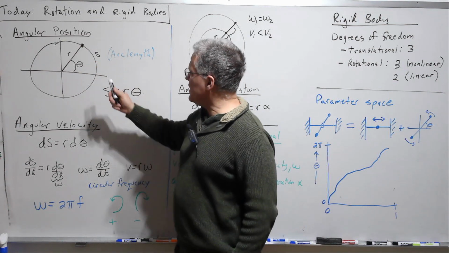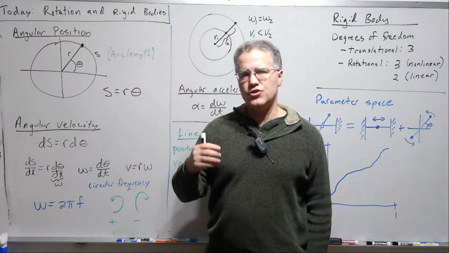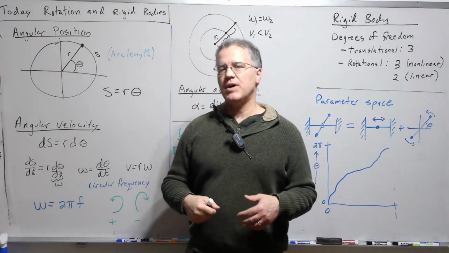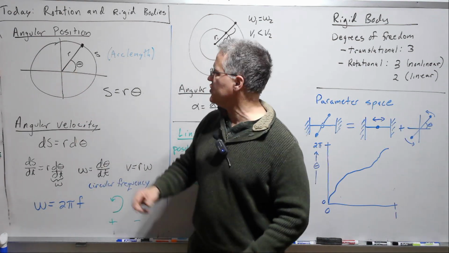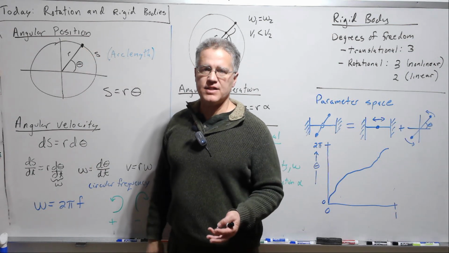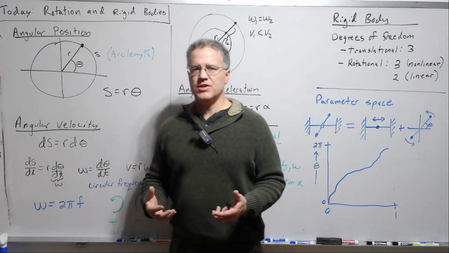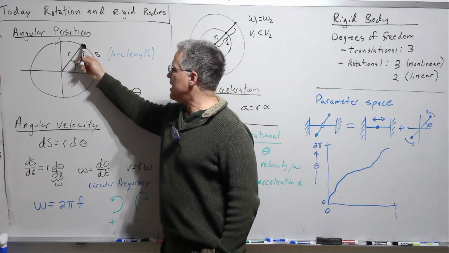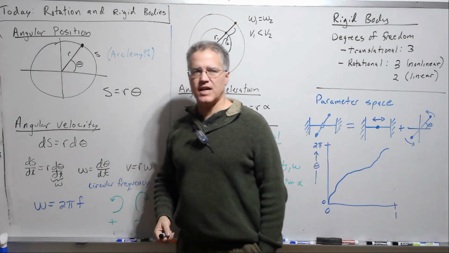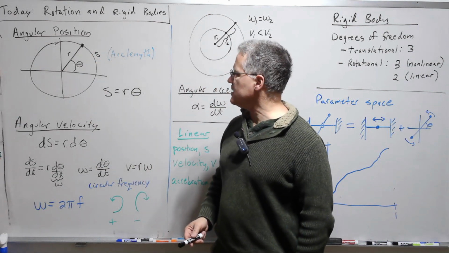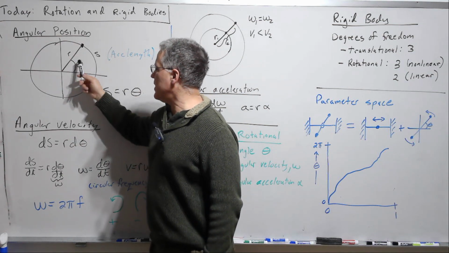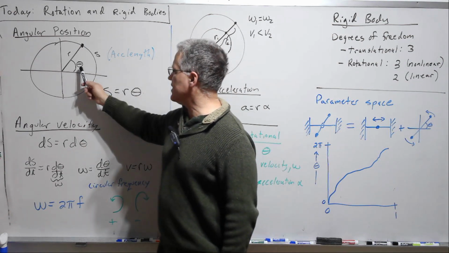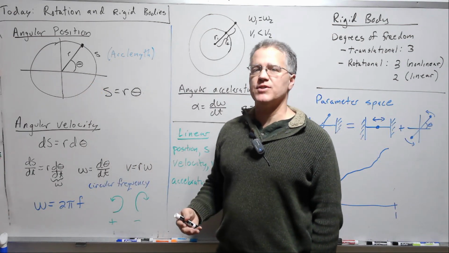To describe the circle in the 2D plane, one way we could do it is by specifying the x and y position of this particle at any given instant. At first glance, it appears like this is a two-dimensional problem. But in fact, because of the constraint that the radius has to be constant, all that one needs to specify to determine where this is in its circular path is the single dimension theta. So this is actually a one-dimensional problem.